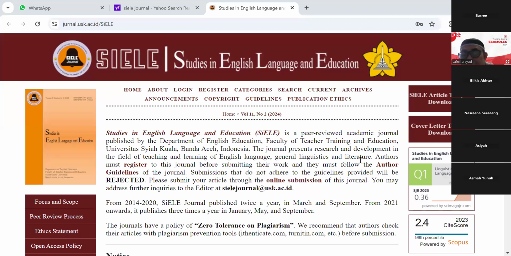This is Q1, quartile one, the highest quartile in Scopus. The SJR is only 0.36. So this is a good journal.